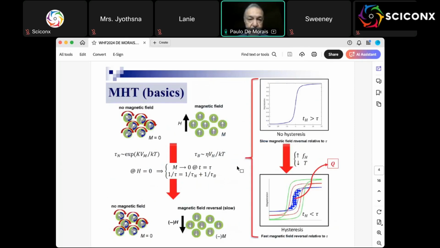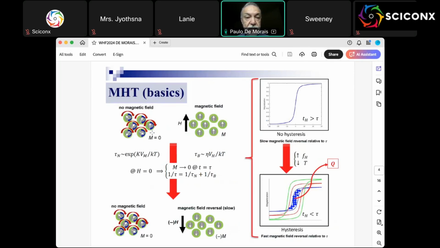Let me briefly comment about the basics of magnetic hyperthermia. On the left-hand side of my slide, you can see a sketch of spherical nanoparticles, and they are magnetic. You can see the magnetic moments on the magnetic nanoparticles. If there is no applied external field, the net magnetization is zero. Why is that?